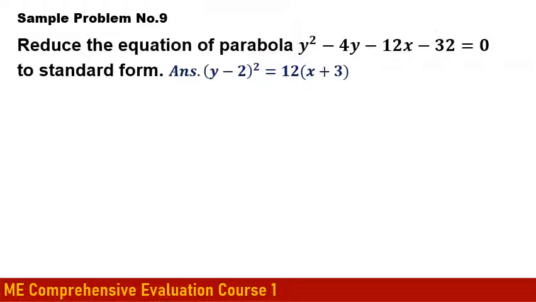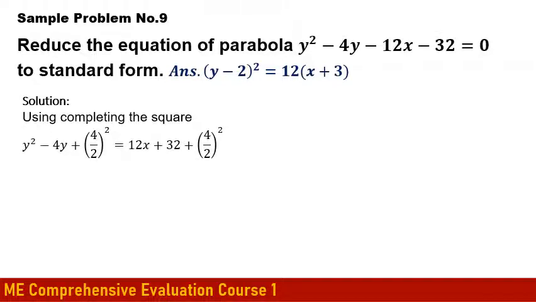Reduce the equation of a parabola y squared minus 4y minus 12x minus 32 equals 0 to the standard form. Using completing the square, we are going to complete the y and the x terms of the given parabola. Since we have minus 4y, we divide it by 2 and square it. We also add that value on the right side, because if we add something on the left, then we must also add it on the right.